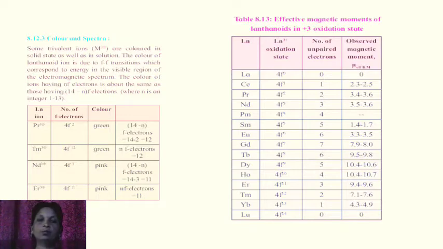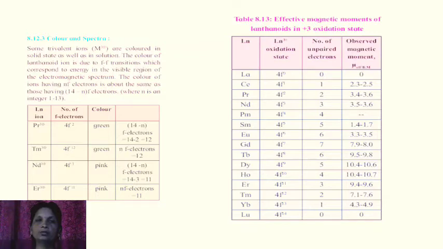Thulium having the +3 oxidation state, the number of 4f electrons is 12. It also shows the color green. So see here, for Pr+3, 14 minus n f electrons is 12, and for thulium +3, n f electrons is equal to 12. So 14 minus n and n f electrons are the same, that is 12.